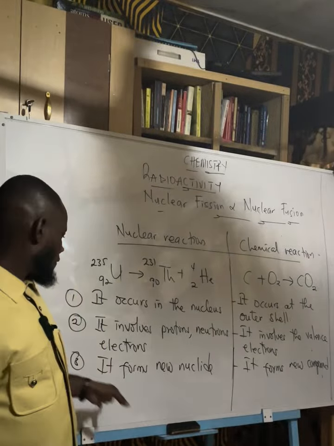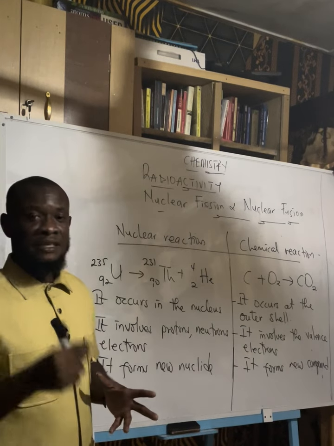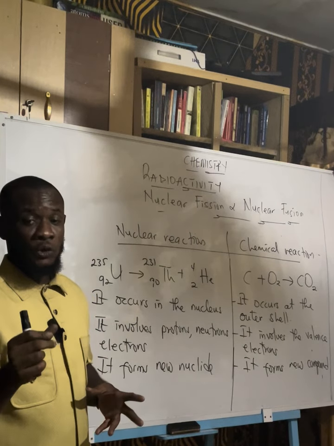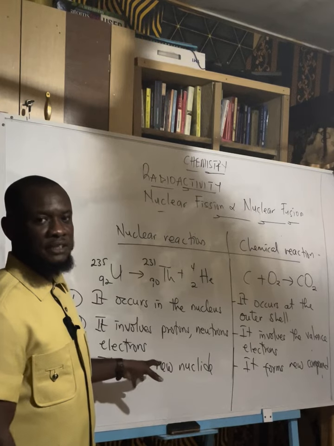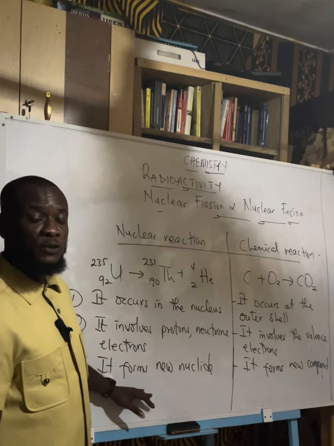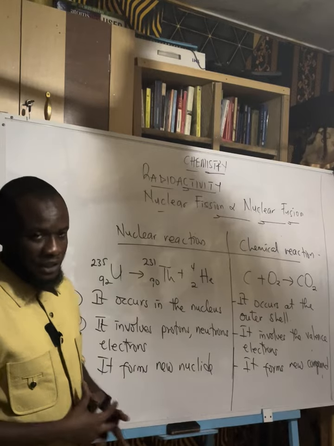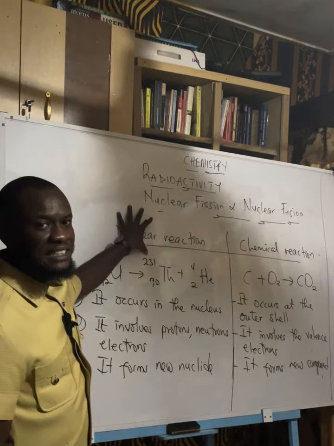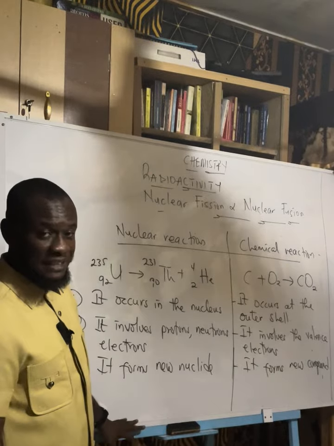Again, you've learned that a nuclear reaction is affected by the neutron to proton ratio, the binding energy, and what we call the decay constant.